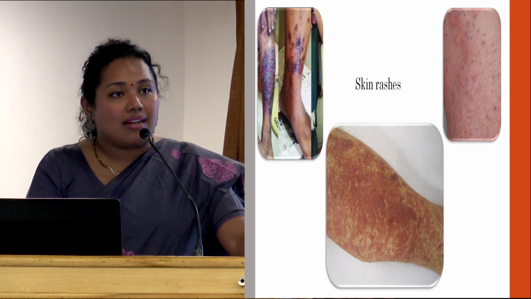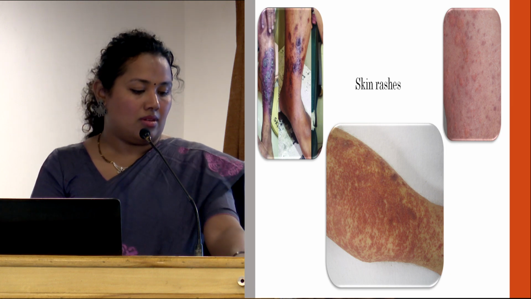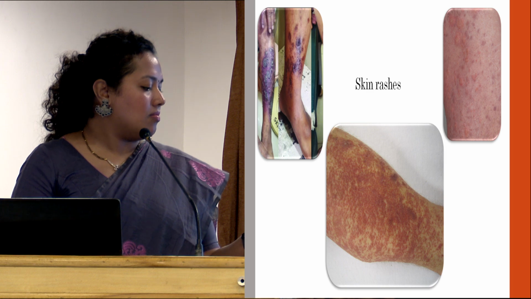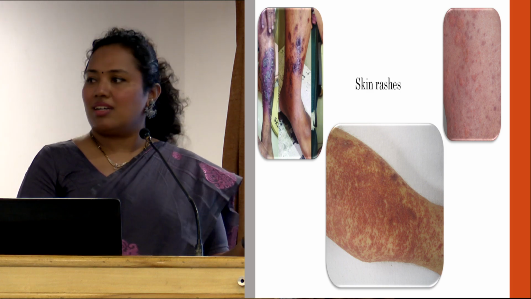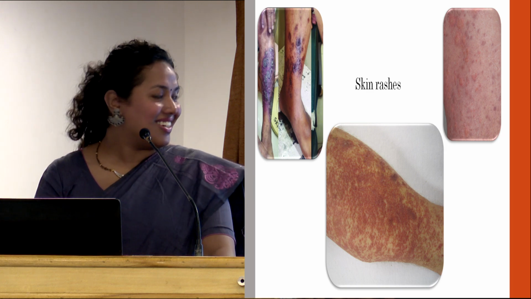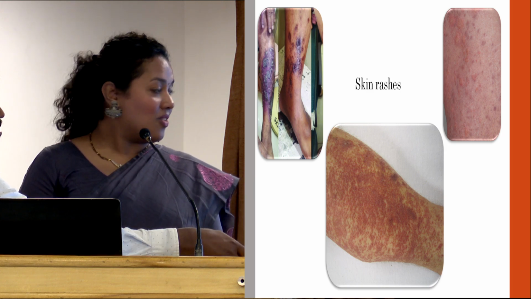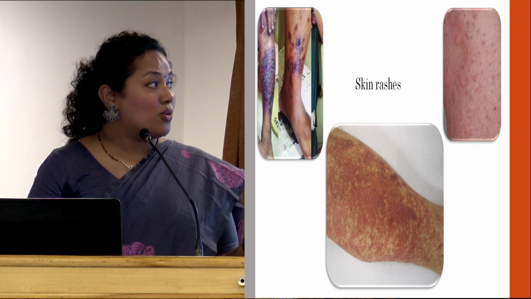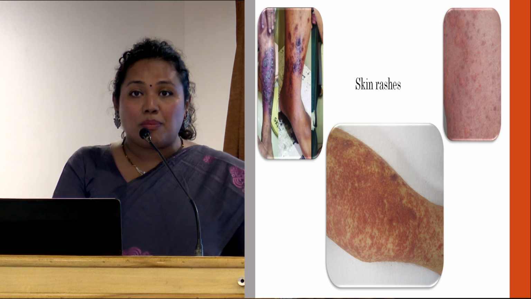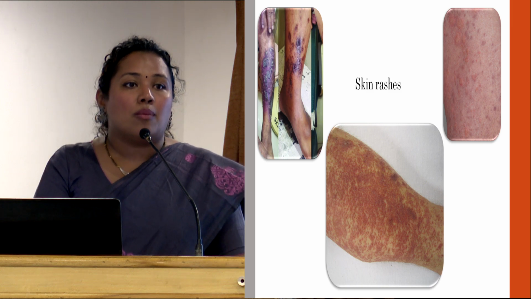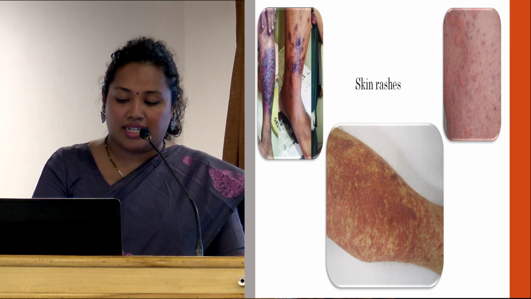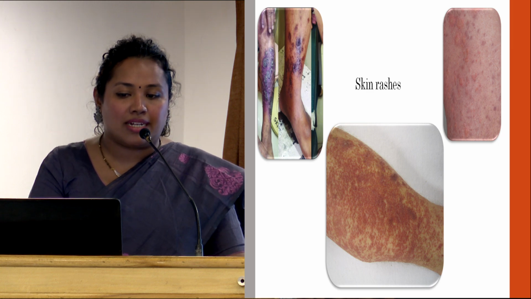It can be urticarial rashes, which can be seen in this image. We also see patients with punched out bullous lesions or bleb lesions with punched out edges and ulcerating lesions, which can be seen in some types of vasculitis.